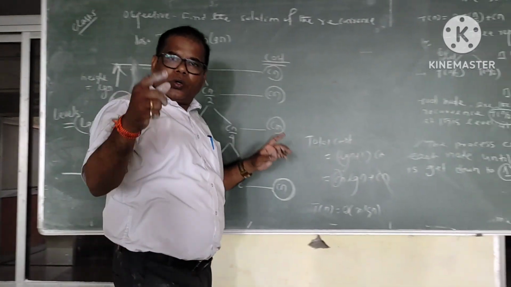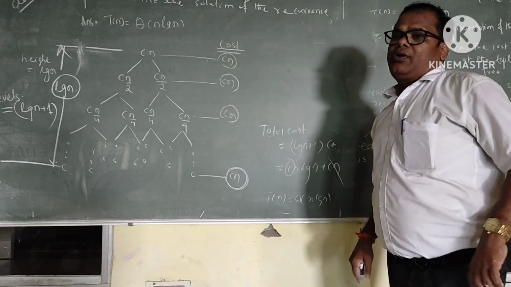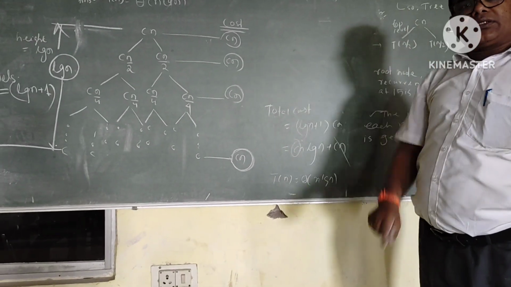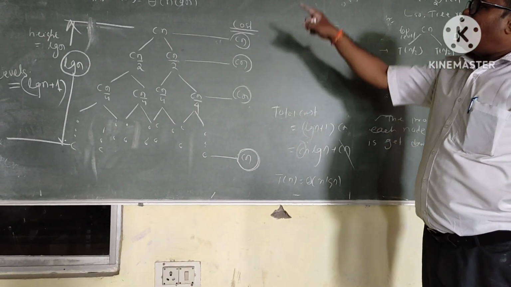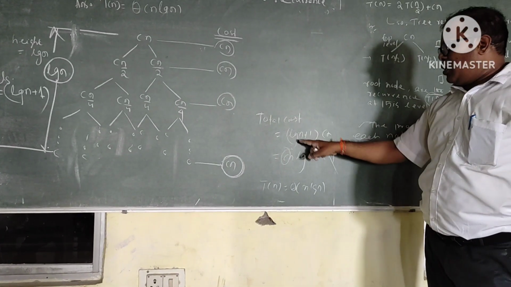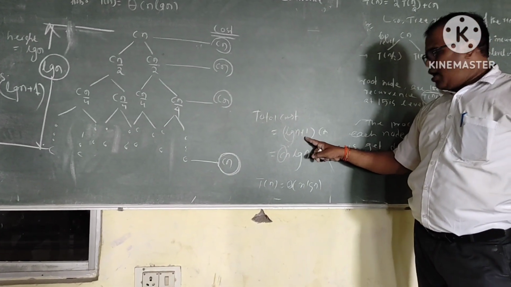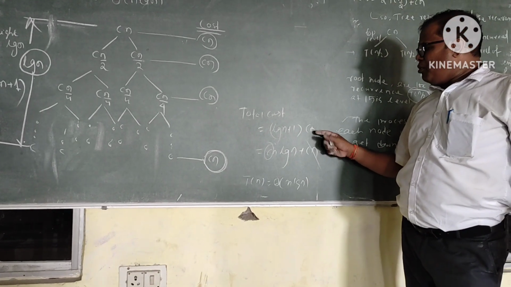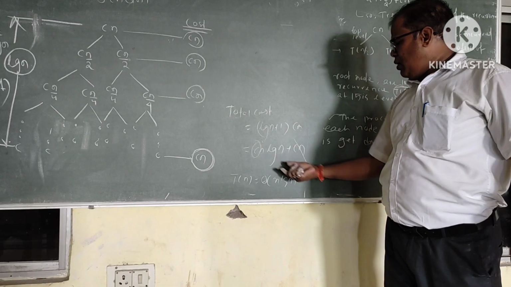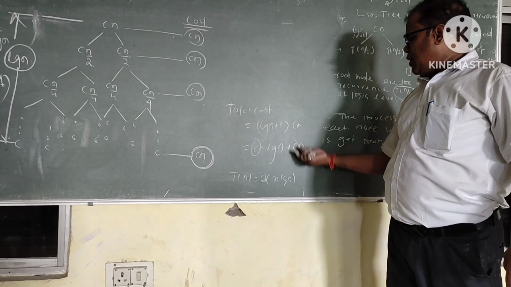Hence, the total cost incurred for solving merge sort using the recurrence method, or the divide and conquer approach, is (log n plus 1) times Cn. Now we expand this term: Cn multiplied by log n gives Cn log n, and 1 times Cn gives plus Cn.